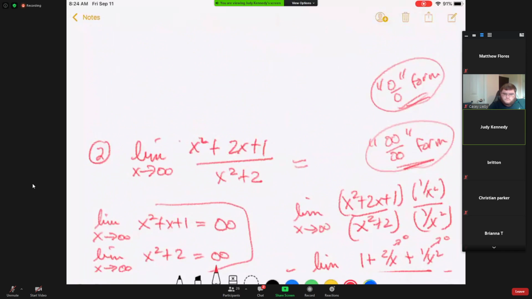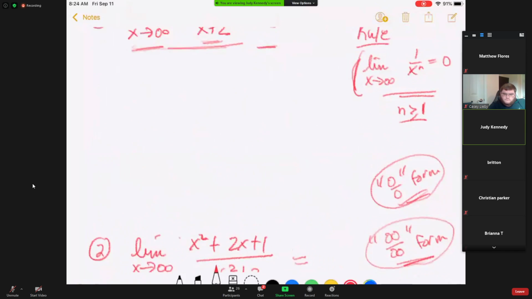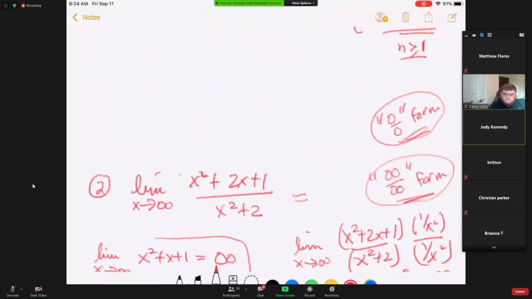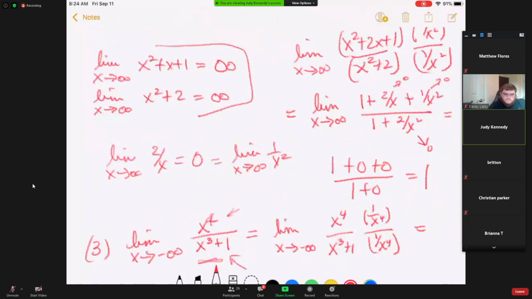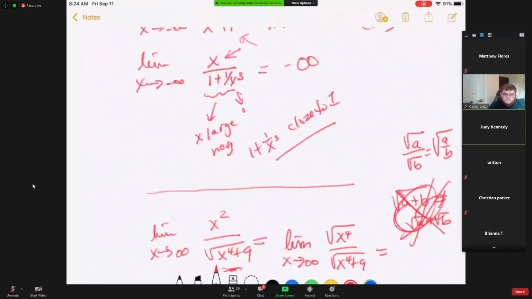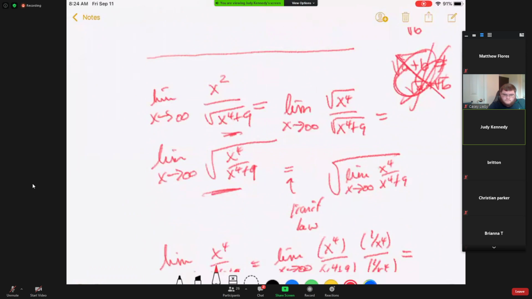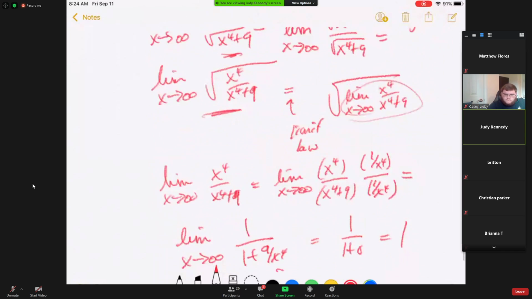For the most part right now, we're just talking about rational functions, or polynomials over polynomials. And even though this last one is not a rational function, I used the limit laws to get the limit to be the limit of a rational function.